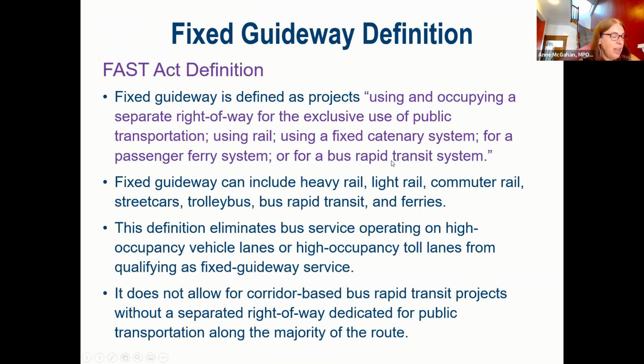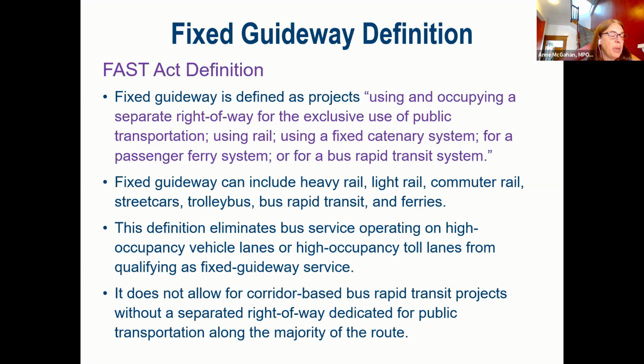So we're using, as I said, the FAST Act definition of fixed guideway, which includes projects using and occupying a separate right-of-way for the exclusive use of public transportation, using rail, using a fixed catenary system, for a passenger ferry system, or for a bus rapid transit system. And fixed guideway can include heavy rail, light rail, commuter rail, streetcars, trolley bus, fixed guideway bus rapid transit, and ferries.